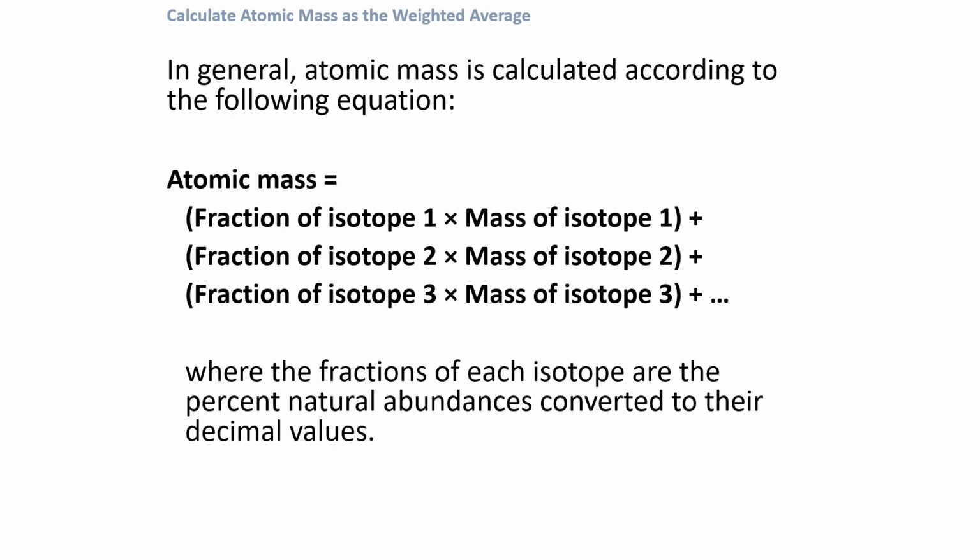So in general, to calculate atomic mass, we take the fraction or the percentage of the first isotope times the mass of that isotope plus the fraction of the second isotope times the mass. And then we just continue. If there's another isotope that exists, we add that percentage, and so forth.